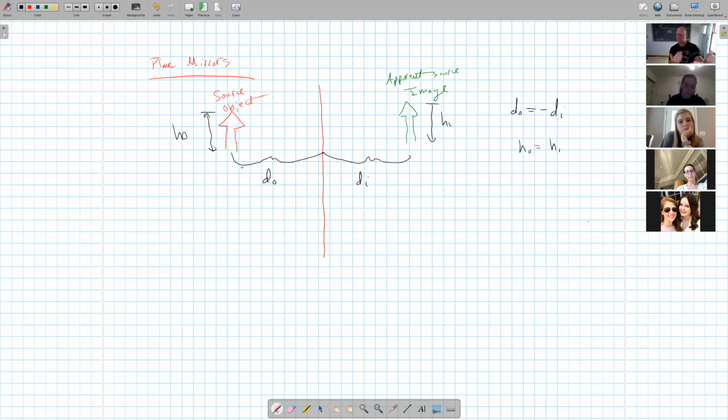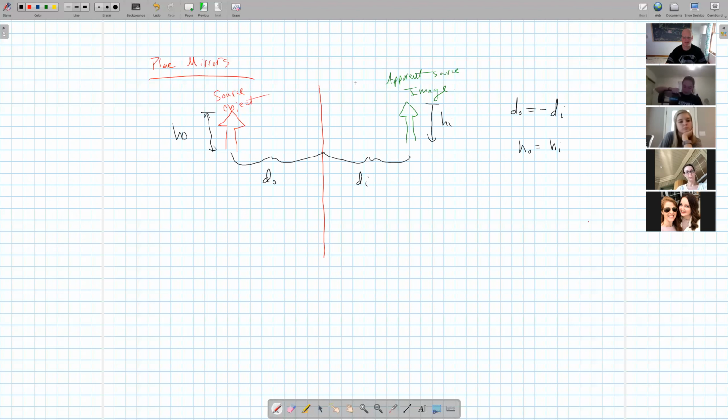So for example, if you're standing 1 meter in front of your mirror, then your image is 1 meter behind the mirror, which means you're a total distance of 2 meters away from each other. The height is exactly the same. So if you see your head in that mirror to be, I don't know, half a meter, then your head is still half a meter in the image. Okay, so those two things are the same.